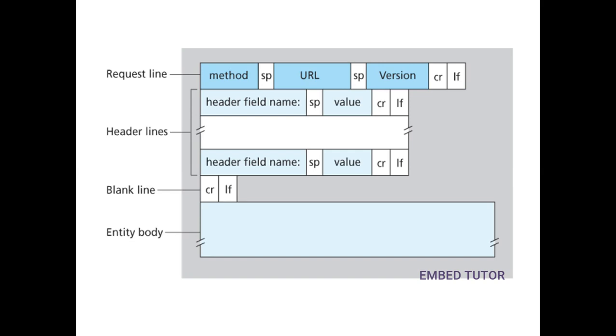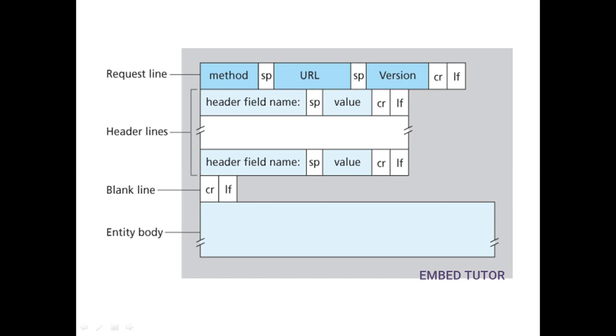And at the end of the HTTP request, you can see there is a carriage return line feed, carriage return line feed. That is, two consecutive carriage return line feeds mark the end of the HTTP header, which will be followed by the entity body, which is nothing but the message, the payload of your HTTP message.